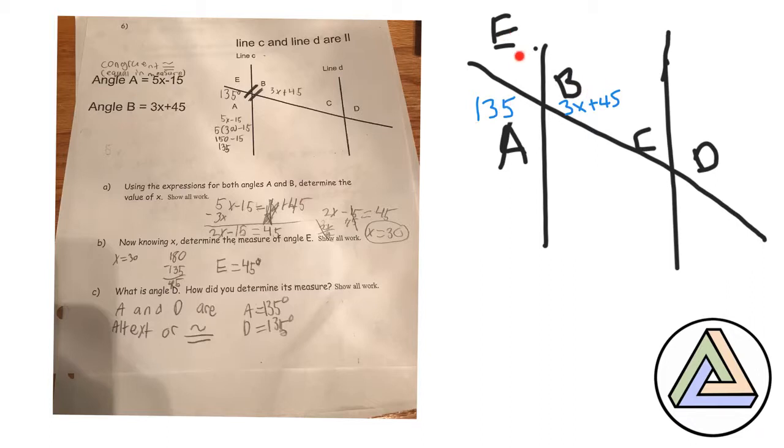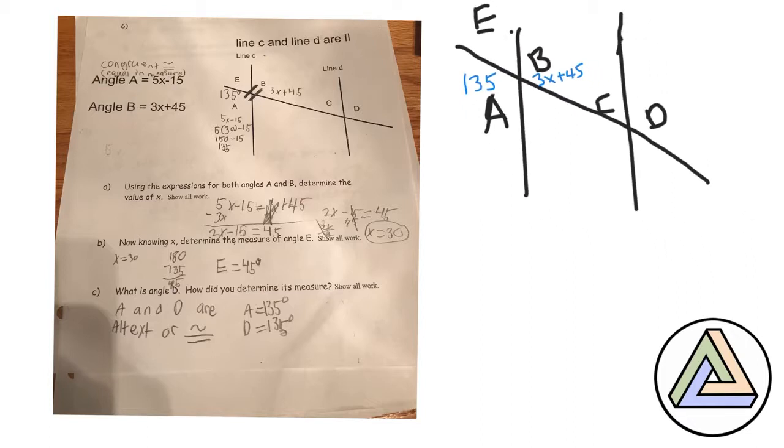We want to know, what is angle E? Well, clearly we can see that angle A and angle E are a linear pair, meaning that they are next to each other, and they form a straight line, and they add up to 180. So 135 plus angle E equals 180, and it is that insight that enables you to solve this problem.